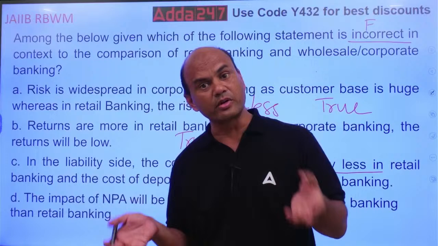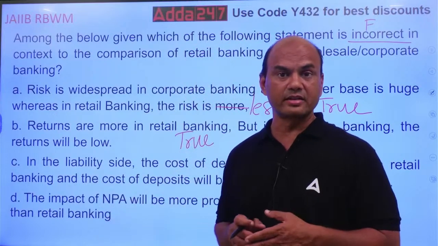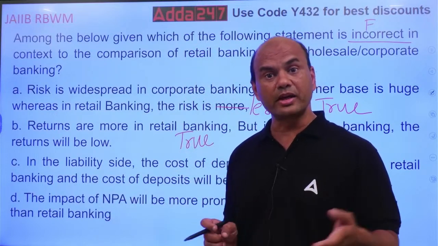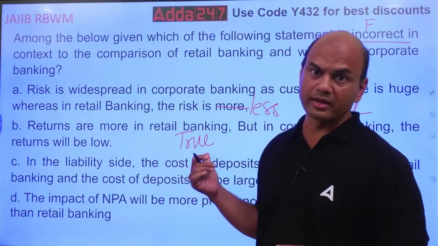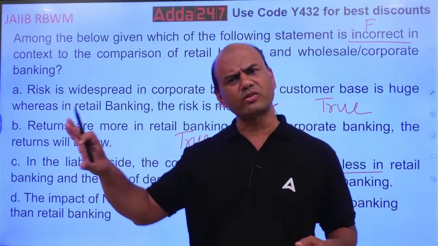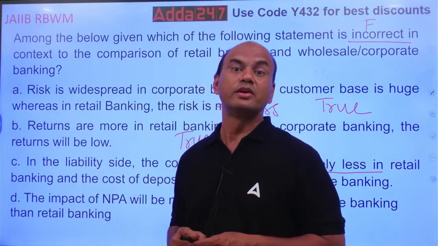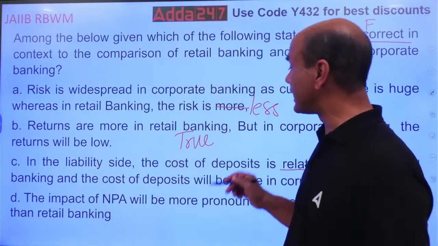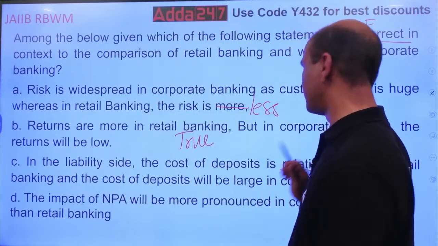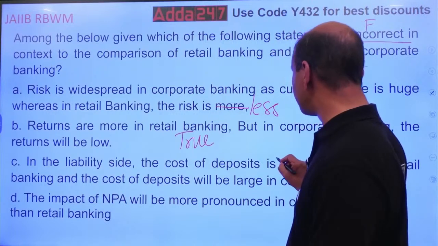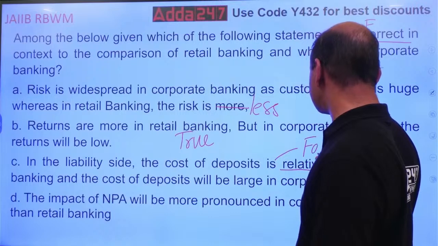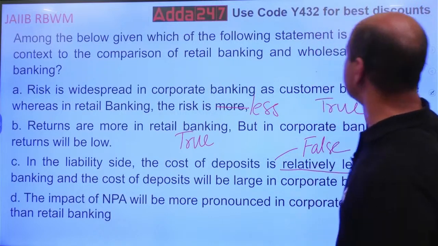The cost of the plot will be higher if you are purchasing it. Other costs will be higher. Whereas in corporate banking, the branches are far off, outside the city also they can be. So the cost of deposits is higher in retail banking. So this statement is false. False, and this is what you want.